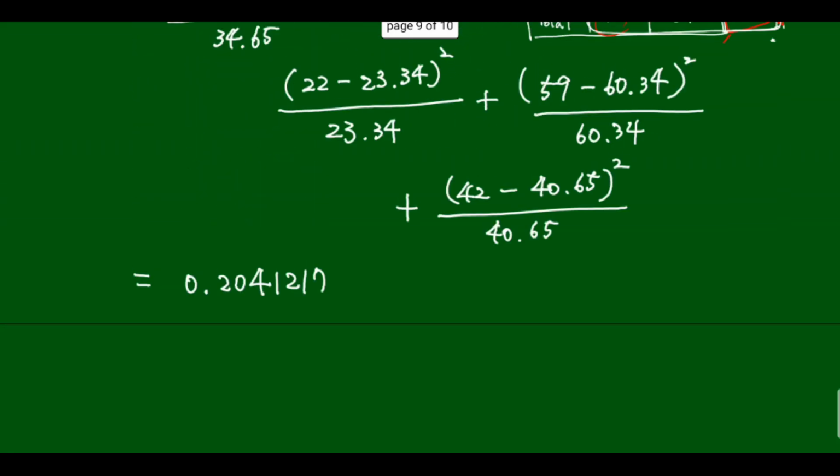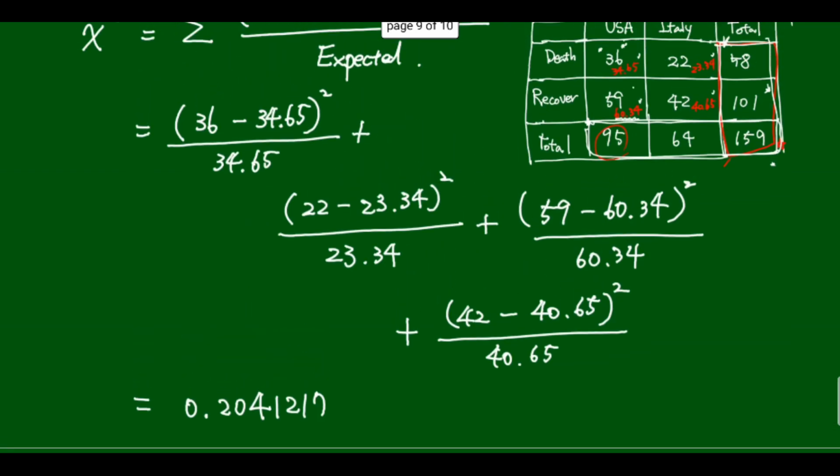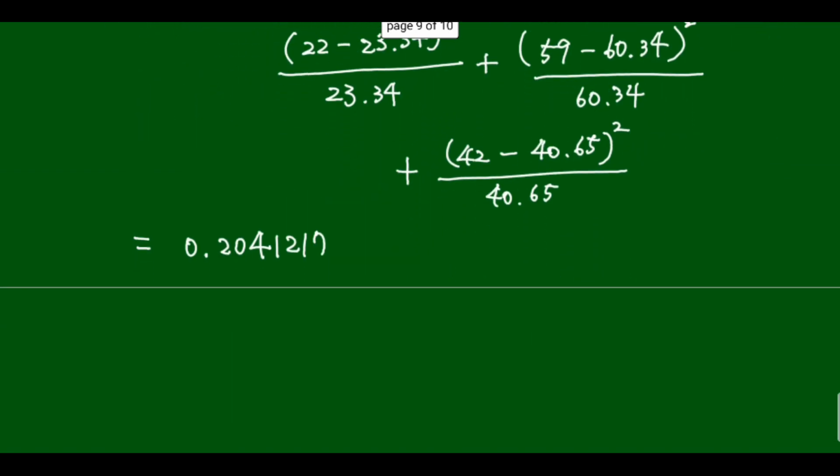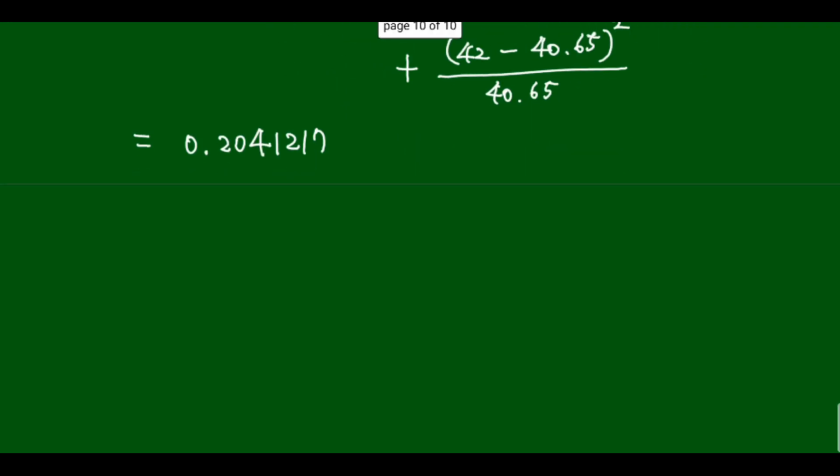So now I got the chi-square test statistic, which is 0.204, and I know the chi-square test statistic can be parameterized with the degree of freedom. So we need to figure out what is the degree of freedom of this test statistic.